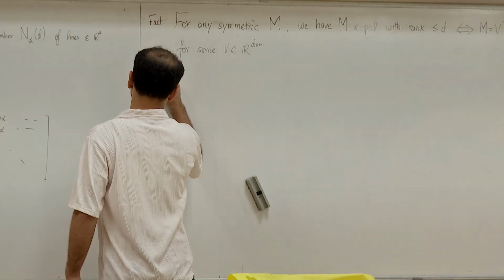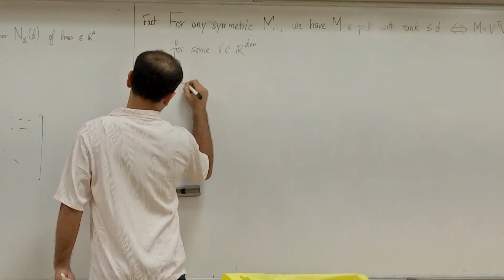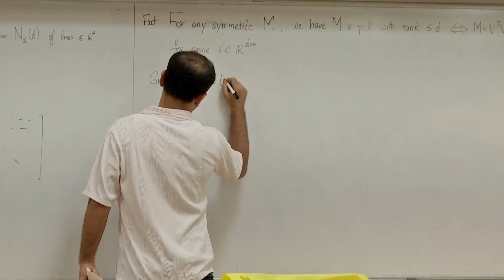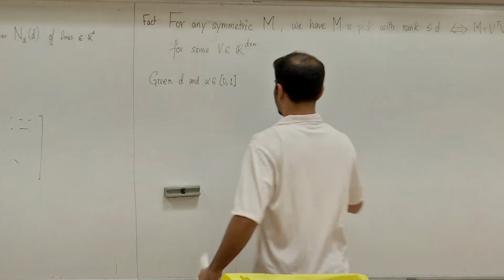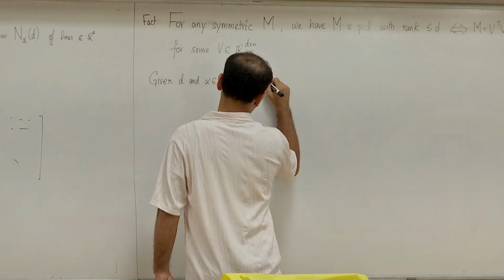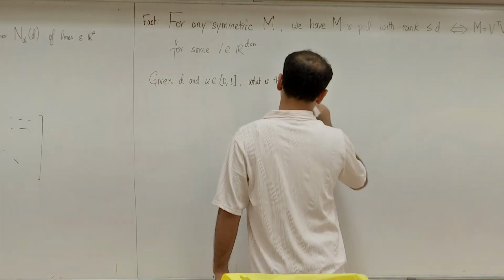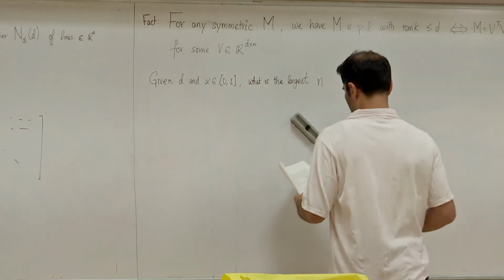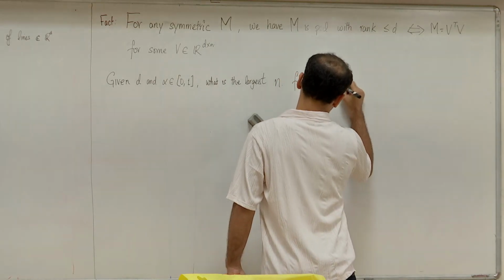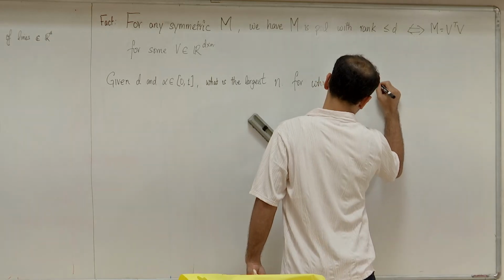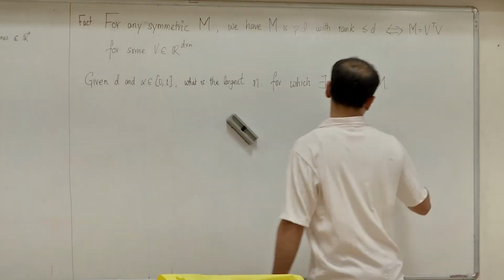The new question. Let me just write it. Given a dimension D and alpha in (0, 1), what is the largest n for which there exists a symmetric matrix M of this form, that is PSD with rank less than or equal to D?